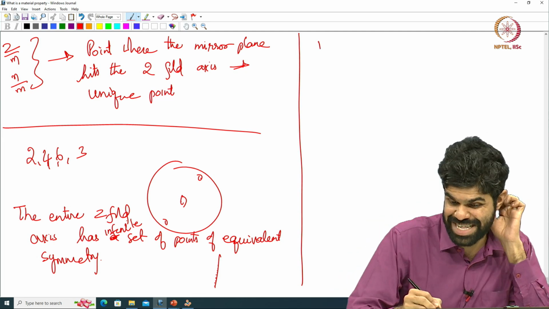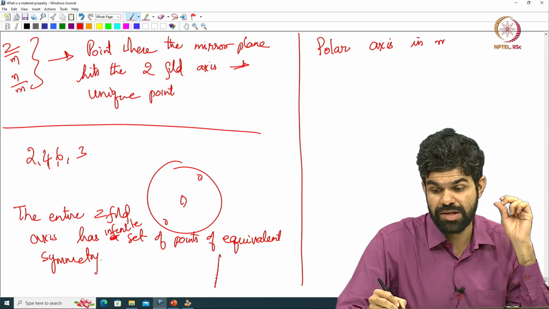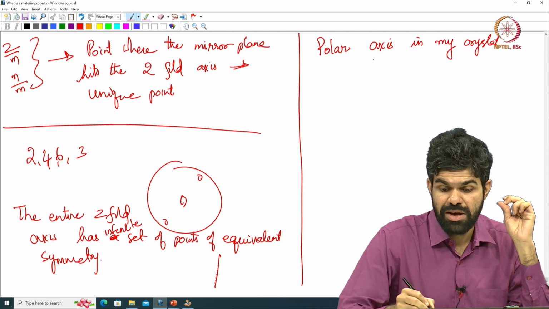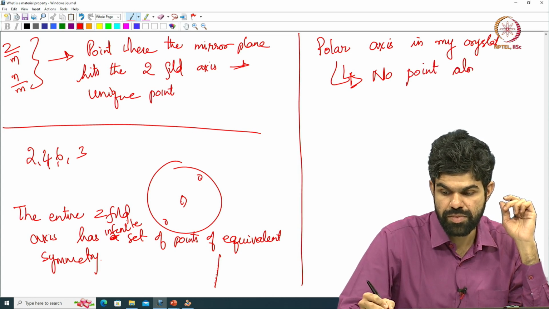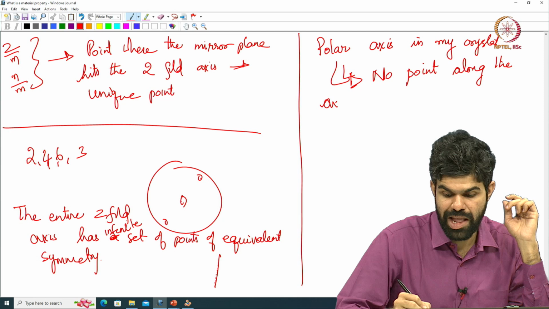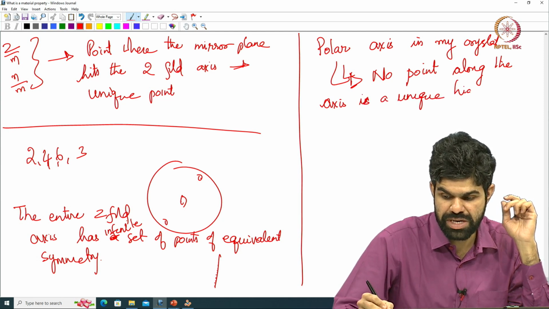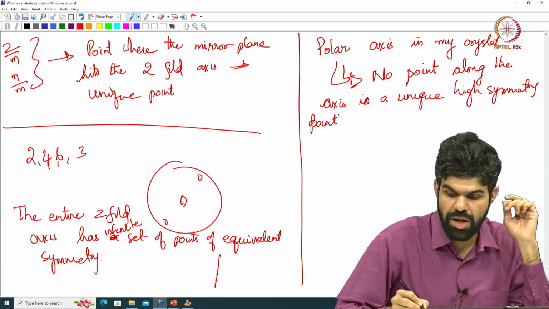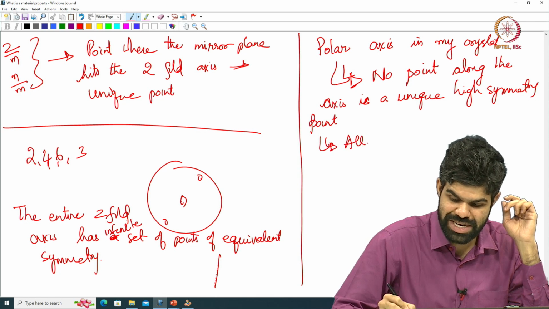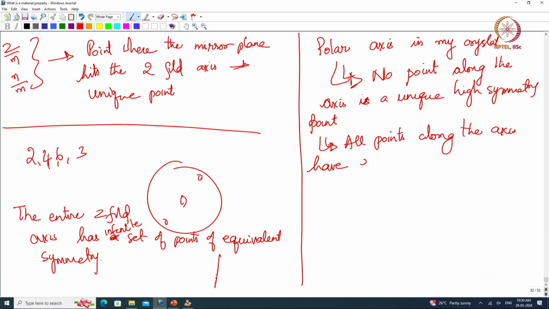This sort of an axis is called a polar axis. So, in my crystal, no point along the axis is a unique high symmetry point. Or in other words, all points along the axis have equally high symmetry.